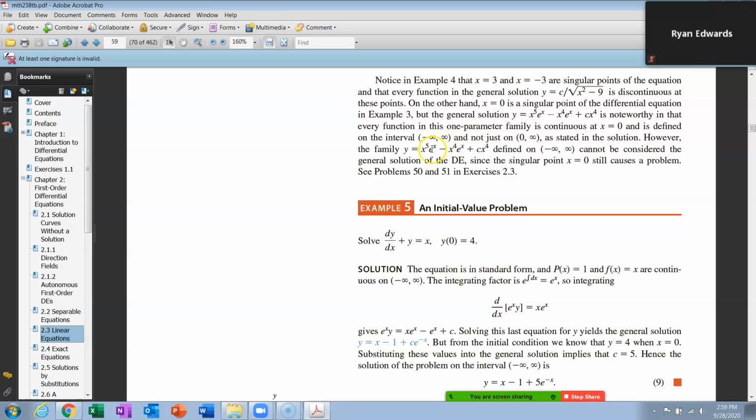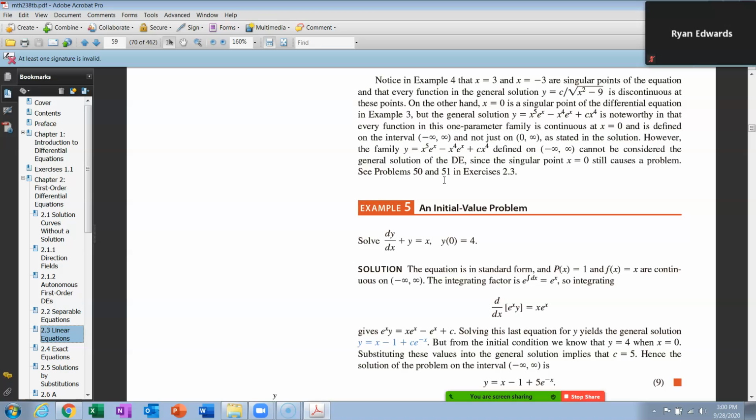However, the family is defined on that cannot be considered a general solution to the differential equation, since that singular point still causes a problem, and that's what they're going to refer to problems 50 and 51. So it's a lot of blah blah blah.